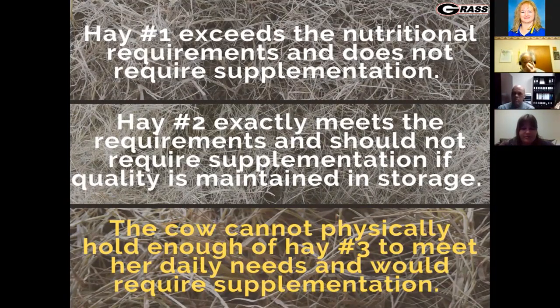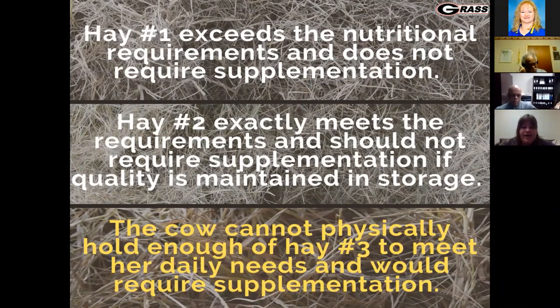It will be perfectly fine meeting her needs, and we don't have to require supplementation. Hay number 2 should exactly meet the requirements. It was pretty spot on close. So as long as quality is maintained in storage, we don't need to supplement. Likely we'll lose a little bit and need to supply some sort of molasses or energy supplement.